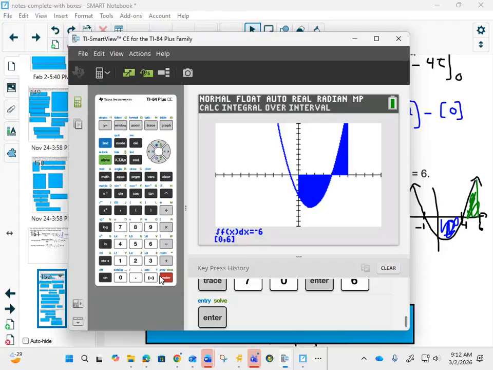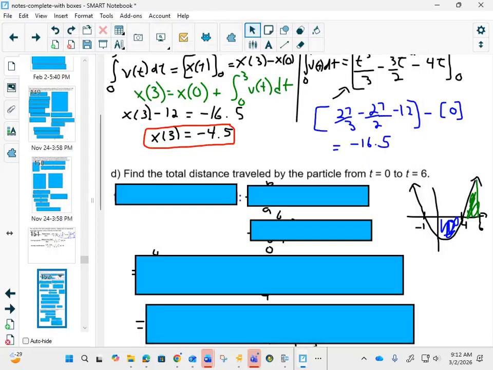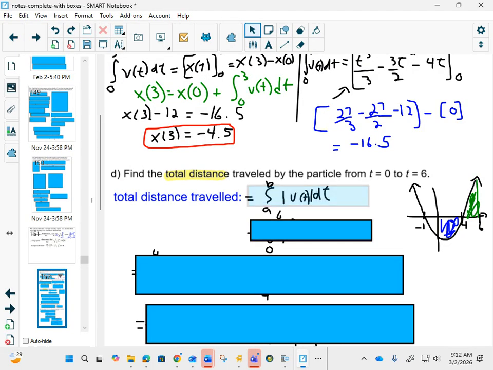But this question is asking for the total distance, not the displacement. If you have a calculator, the quickest way would be to put absolute values.